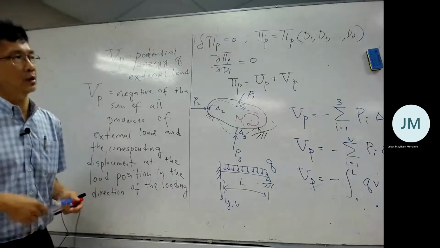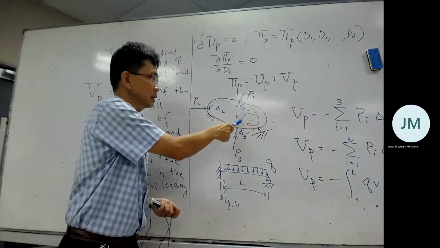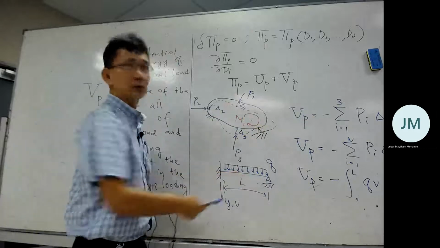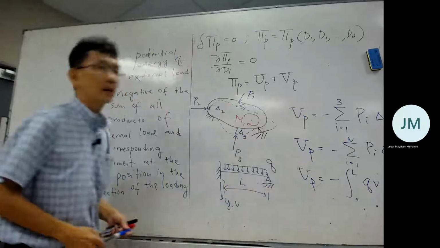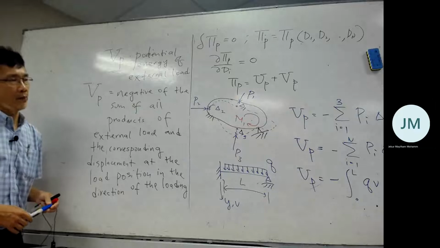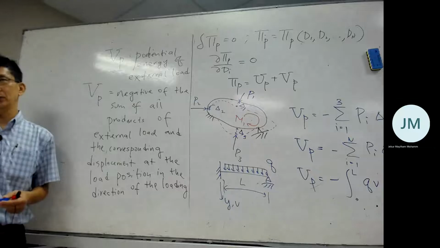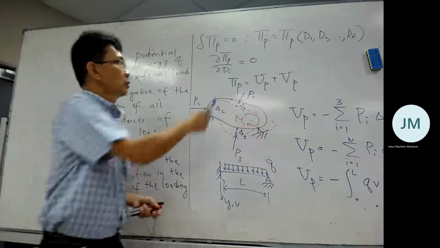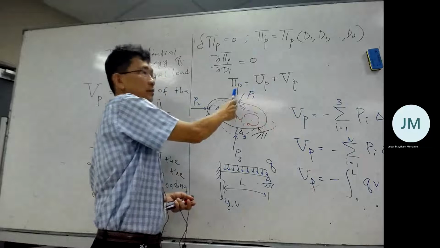So for point load or couple, which is a concentrated moment, this is how we evaluate. If there is a distributed load, then this is how we evaluate. These are the things you have to know in order to solve the problem: know how to evaluate this and this, and adding up gives you this.